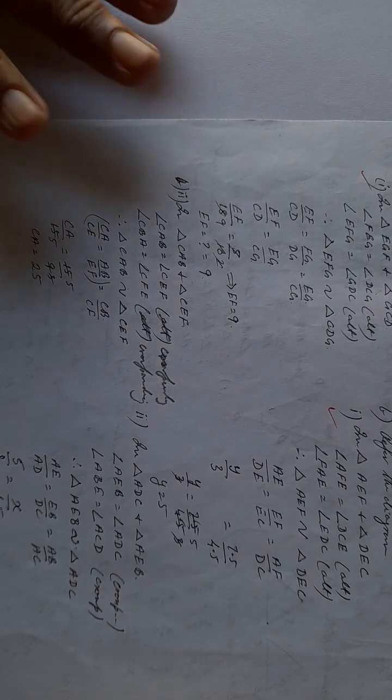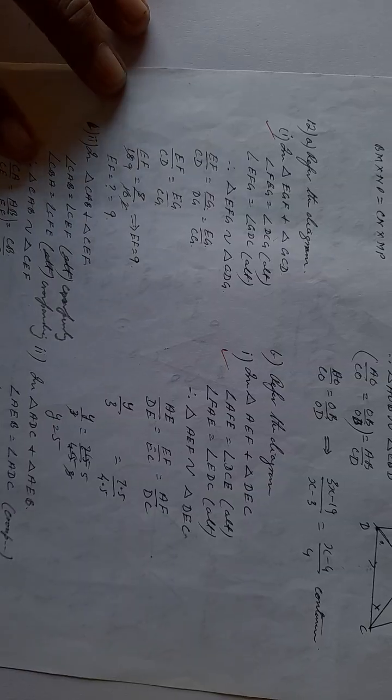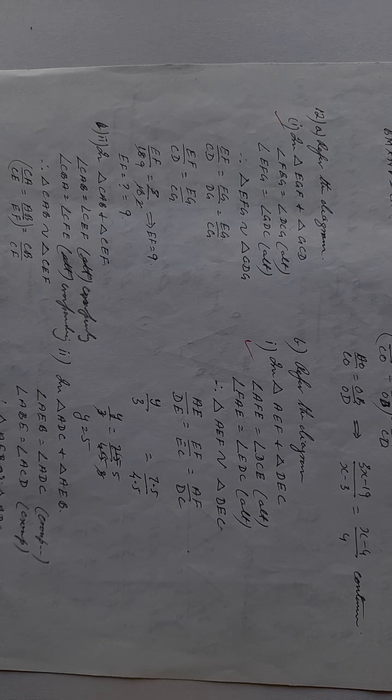Okay, right, everybody? Now B is almost the same. 12B. Look at 12B. Follow the diagram, please. It says all the values are given over there. You have three parallel sides. You can see that C, A, F, B, E, C, D. Everything is given in the diagram. Find x and y.